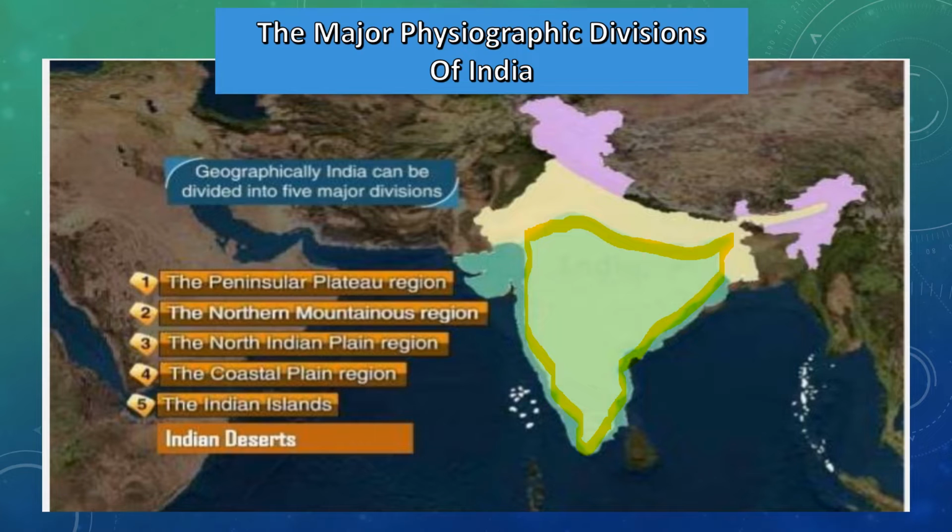This region is your northern mountainous region. So it extends from the northernmost state or union territory now of India and goes right down to the northeastern states. And all of it is your northern mountainous region.